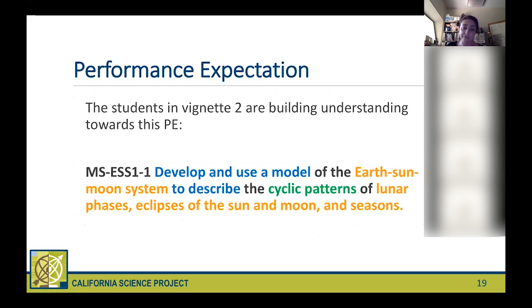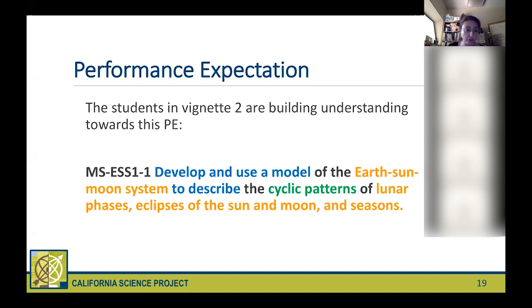And the focus of these lessons is developing and using a model of the Earth, Sun, Moon system to describe the cyclic pattern of the lunar phases. The same standard is also asking students to explain the eclipses of the sun and the moon and the seasons. But in this unit, the students are limiting themselves to the lunar phases.